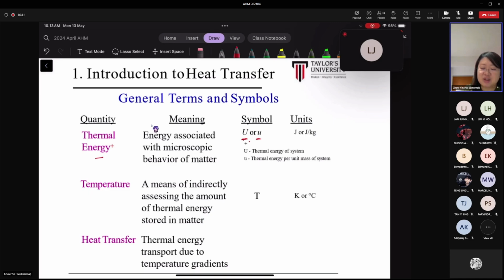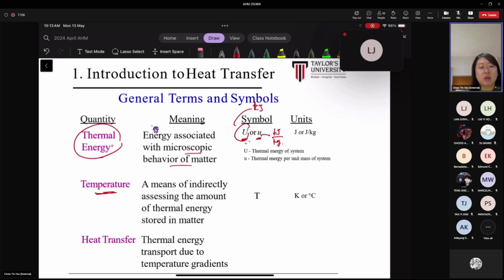They use this big U here, which means it's in kilojoule, while the one in small letter means it's per unit mass basis. So thermal energy is something that is possessed by the system. It's a property, the energy associated with microscopic behavior of the matter.